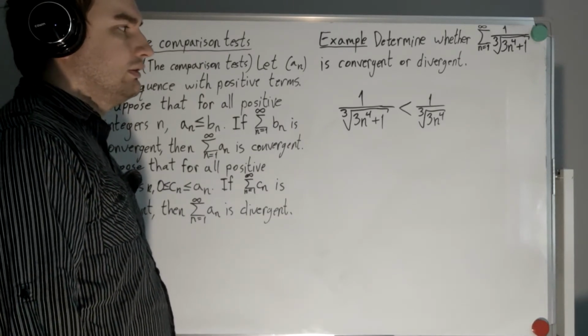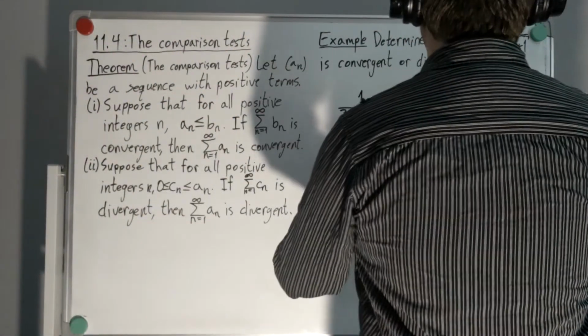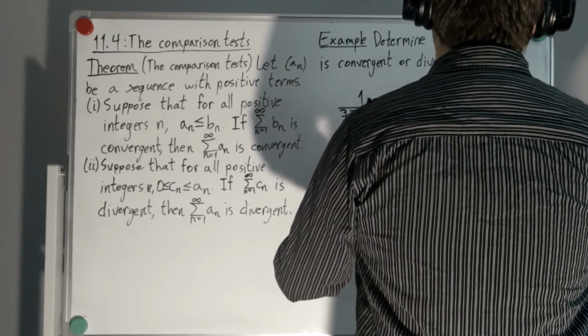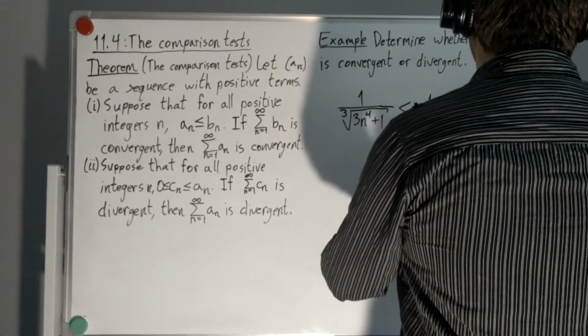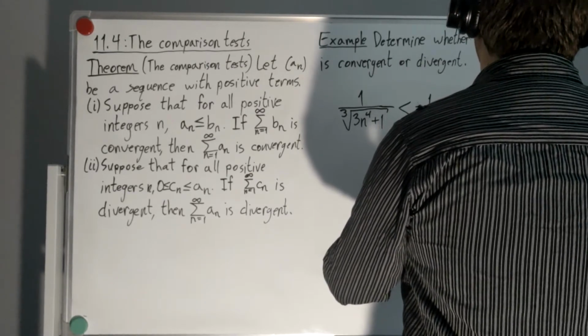Alright, now let's just notice that this is the same thing as 1 over the cube root of 3, whatever that is, times 1 over n raised to the 4/3 power.